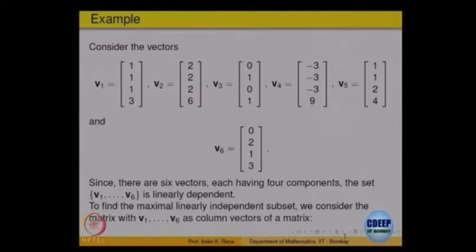So, I will reduce that matrix to row echelon form and look at where the pivots are coming. Wherever a pivot is coming, the corresponding column vector I should pick up from the original set. That collection should give me a basis for the column space. So, from that theorem this should be the algorithm. So, let us do that.